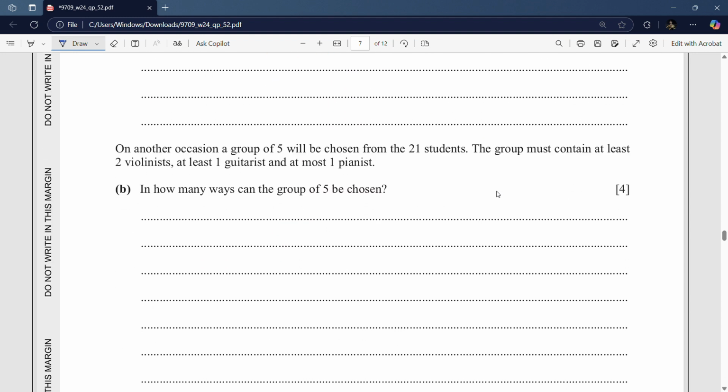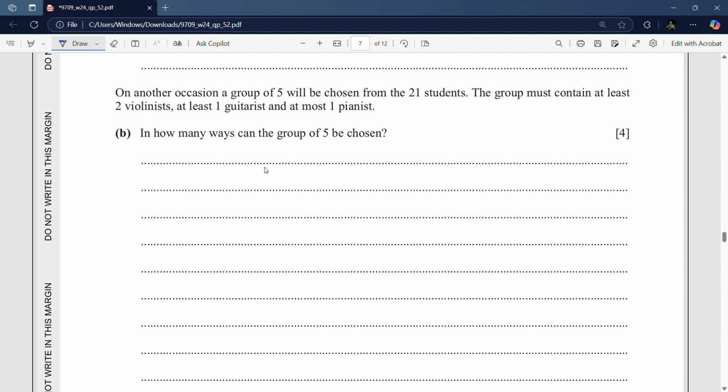Okay. On another occasion, a group of 5 will be chosen from these 21 students. The group must contain at least 2 violinists, at least 1 guitarist, and at most 1 pianist. So how many ways are there? Okay, first we should list all the combinations that we can choose from these 21 students.